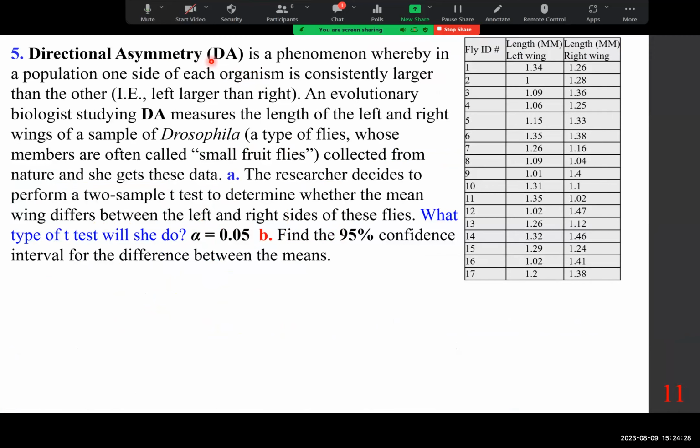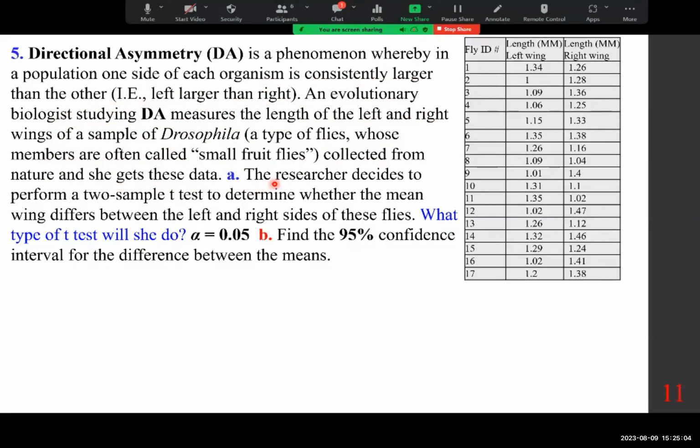Directional asymmetry, DA, is a phenomenon whereby in a population, one side of each organism is consistently larger than the other, i.e., left larger than right. An evolutionary biologist studying DA measures the length of the left and right wings of a sample of Drosophila, a type of fly, often called small fruit flies, collected from nature, and she gets this data.